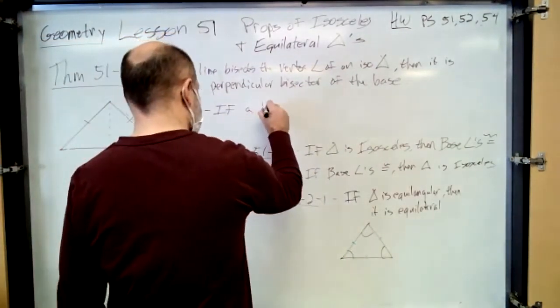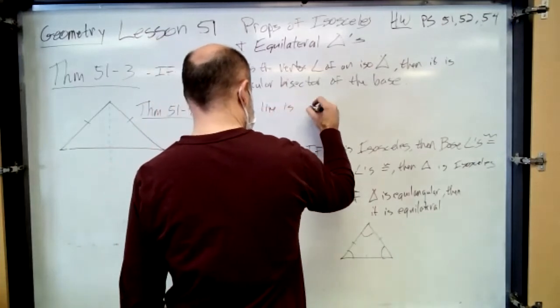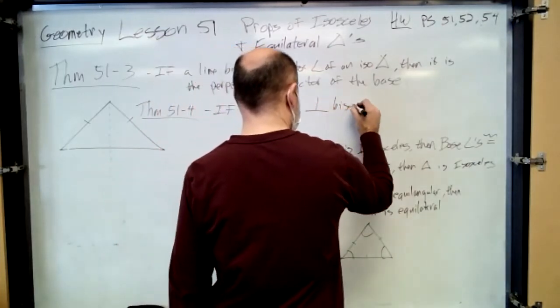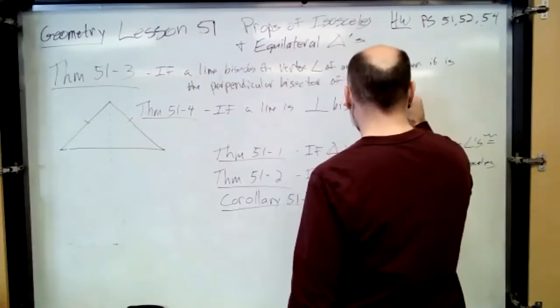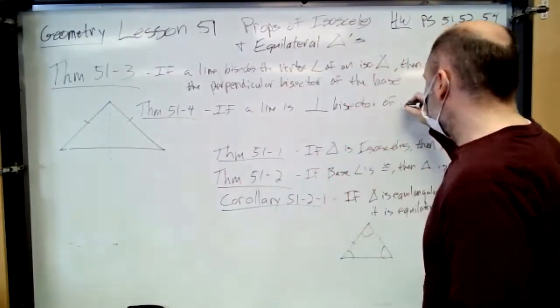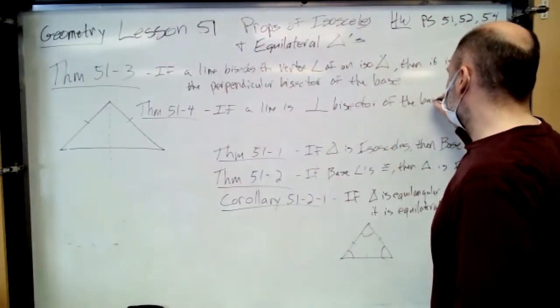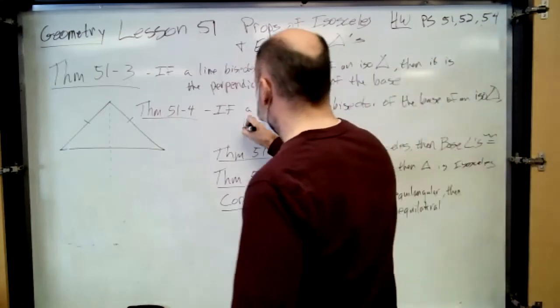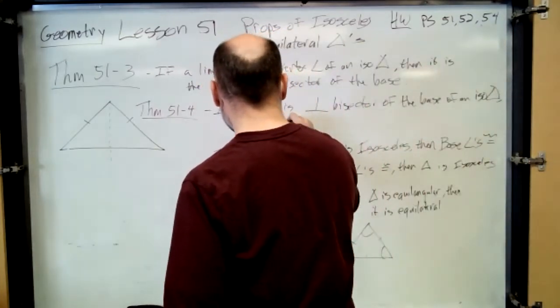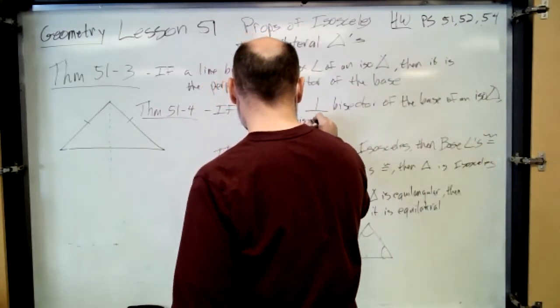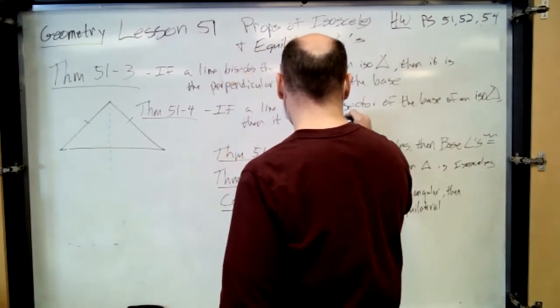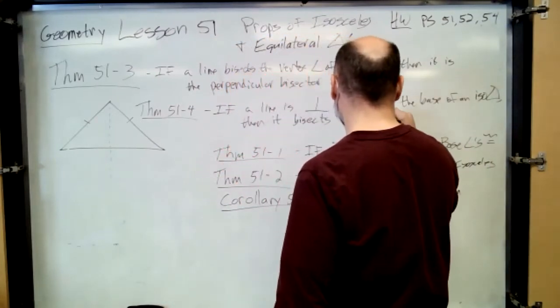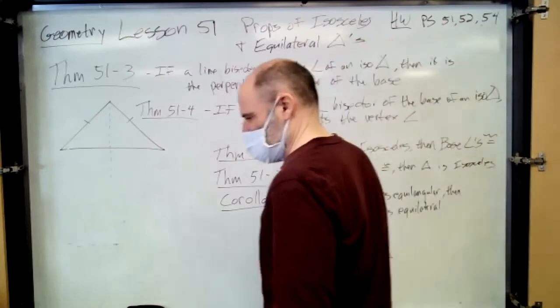If a line is the perpendicular bisector of the base of an iso triangle, then it bisects the vertex angle. Okay?